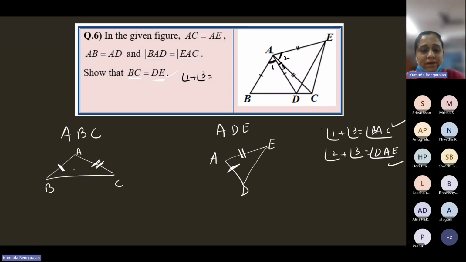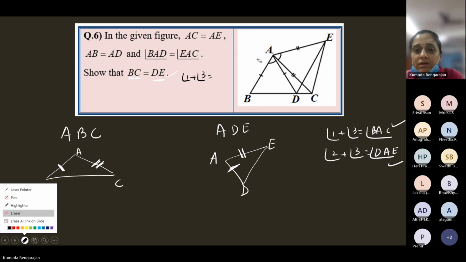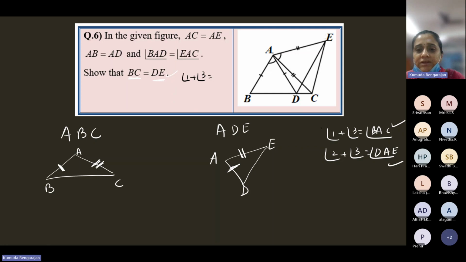So when you compare this triangle ABC with the whole figure given here, you can see that in triangle ABC, this full angle is angle 1 and 3 together.